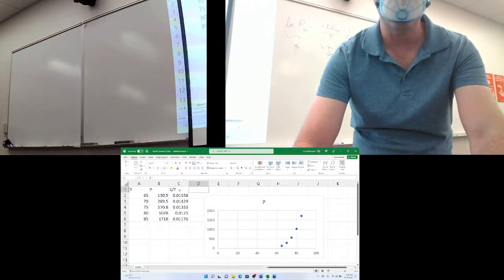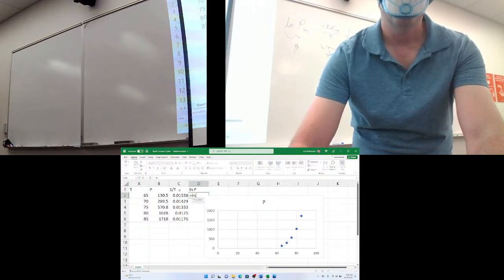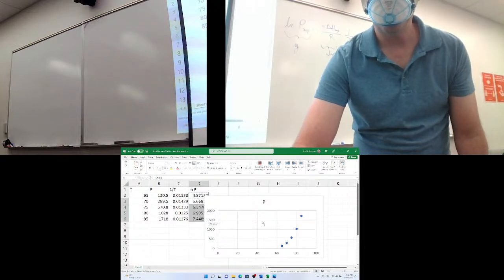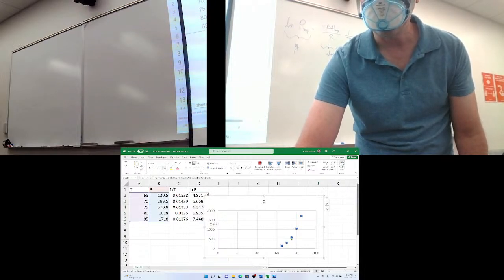And then I'm going to do natural log of the vapor pressure. So equals ln of this number, and I can copy that down. So instead of plotting these 2 points, I'm going to plot these 2 points.